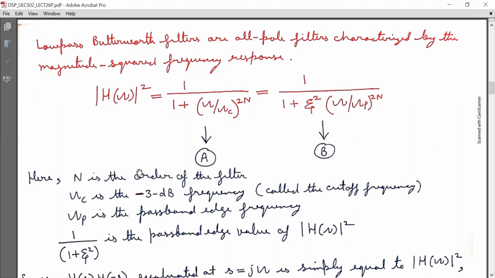Omega c is the minus 3 dB frequency called the cutoff frequency. Omega p is the passband edge frequency.